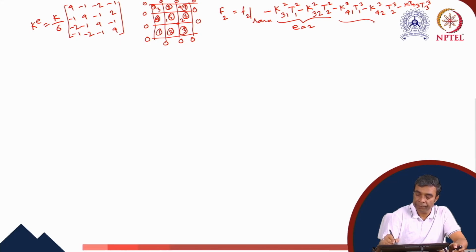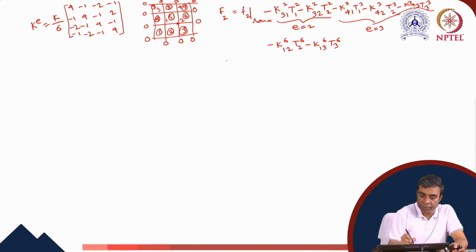And finally we have contribution from the sixth element. For the sixth element, the contribution will come from local nodes 2 and 3. We write the equation at local node 1. So I is 1, E is 6 and B is 2 and 3. So this is minus K 1 2 6 T2 6 minus K 1 3 6 T3 6.